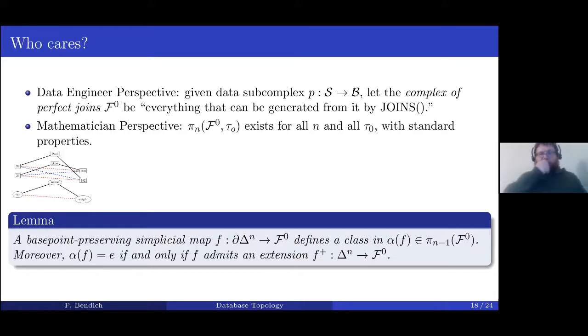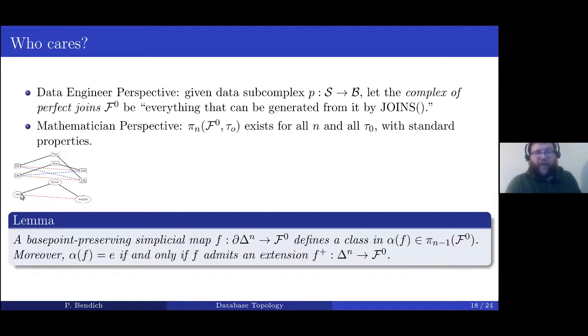Okay. It's not really a lemma, it's really just unraveling the definition. But if I have a simplicial map from the boundary of some cell downstairs in my attribute simplicial set into this space of perfect joins, what does that really mean? I have age, name, weight down here.